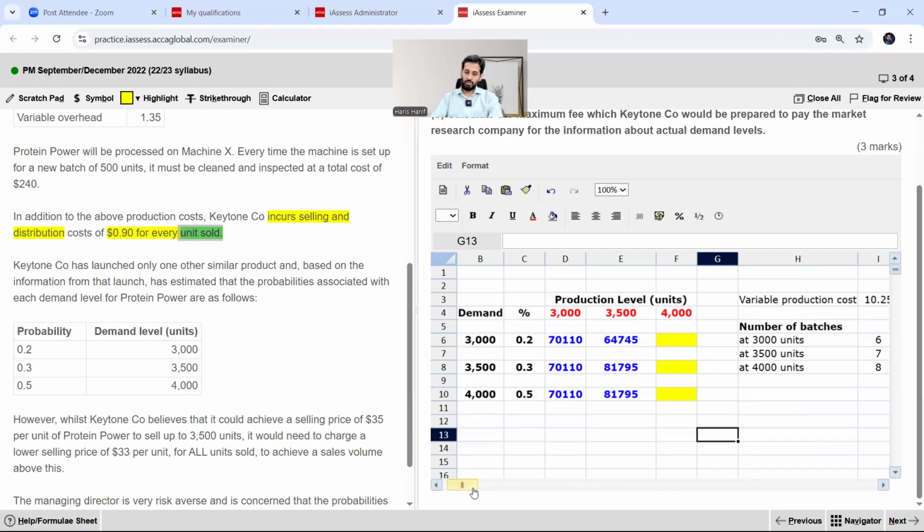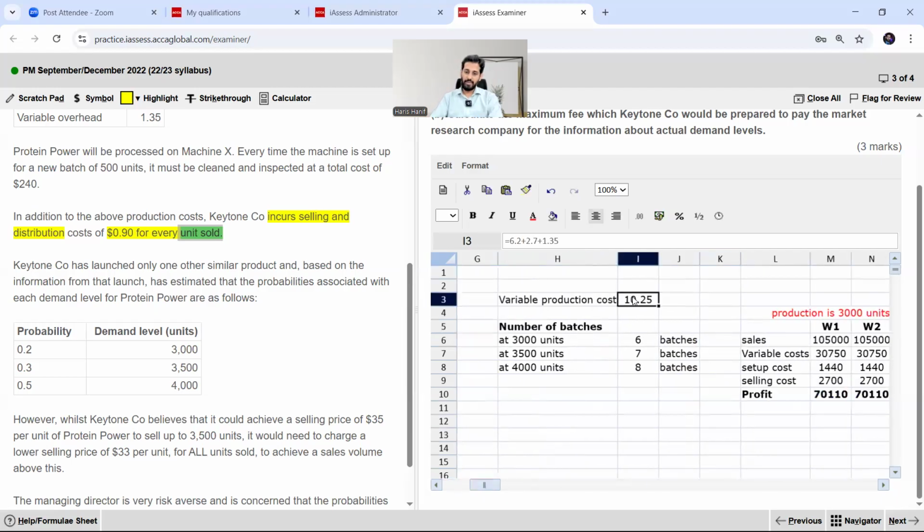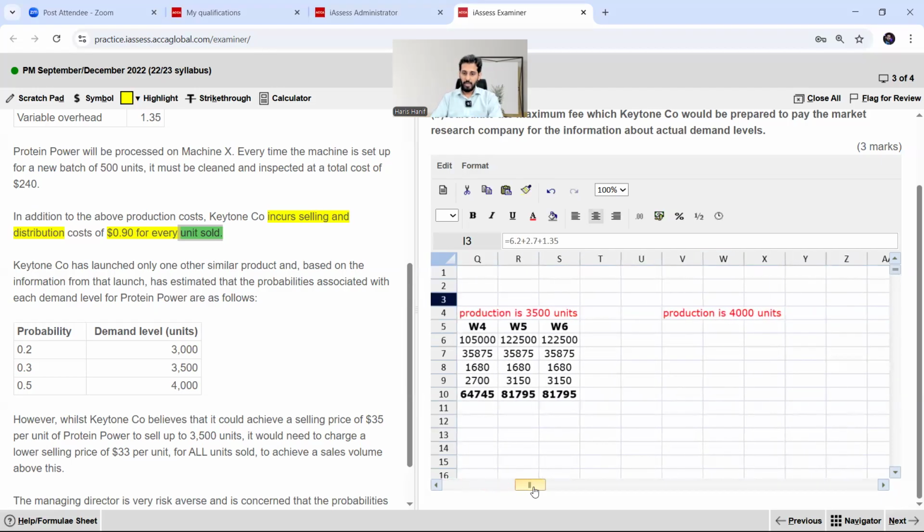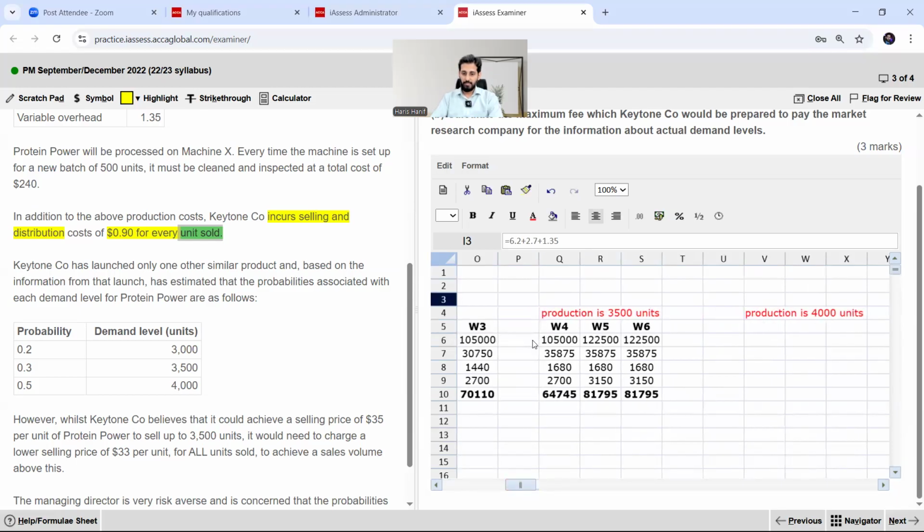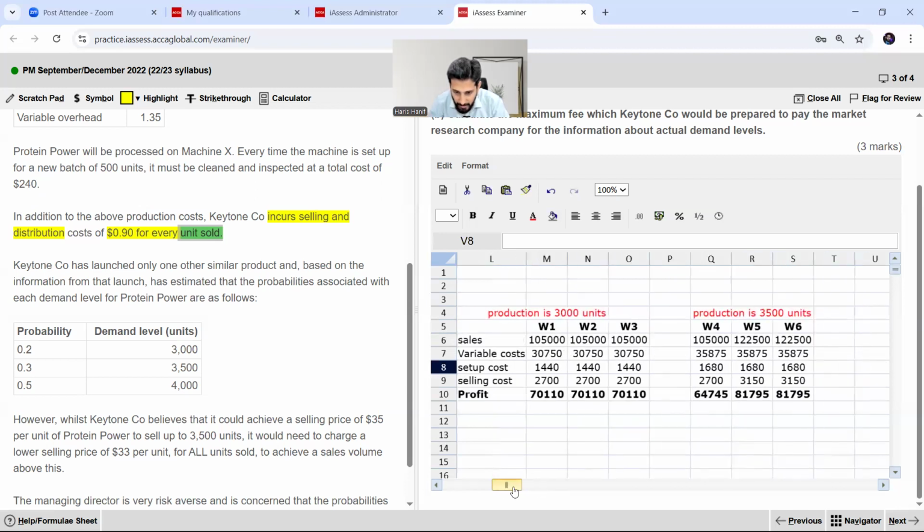And the cost of production is 10.25, right? 10.25. So first of all, without wasting any time, I'm writing here cost 4,000 multiplied by 10.25. So it would be same in all these areas. And then there will be setup cost.